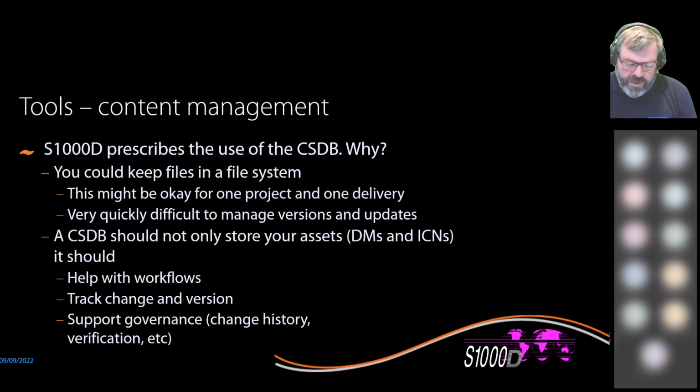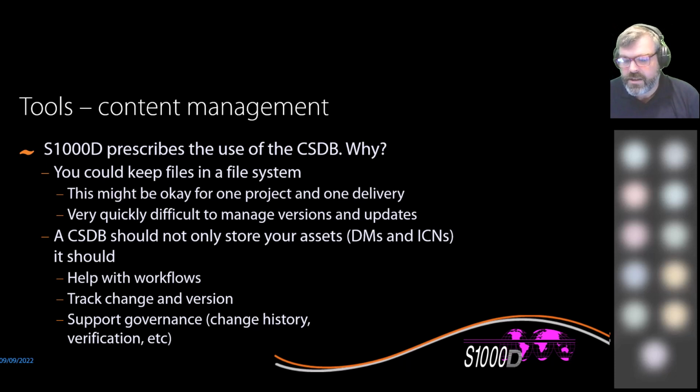But also things like links between your content, so links between one data module and another, links between these repositories and your data modules, links between your data modules and your ICNs. So if I'm updating an ICN, how many data modules is that going to affect? And do I need to up issue those as well because the ICN content has now changed?